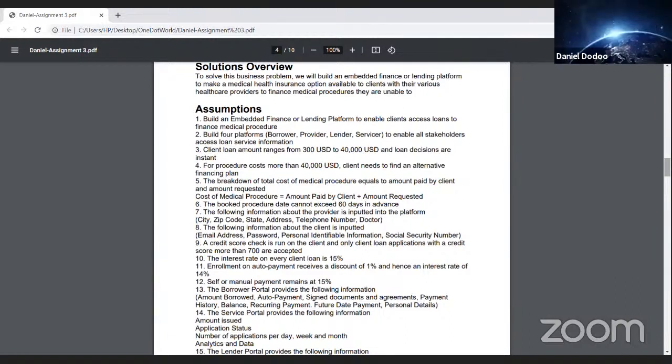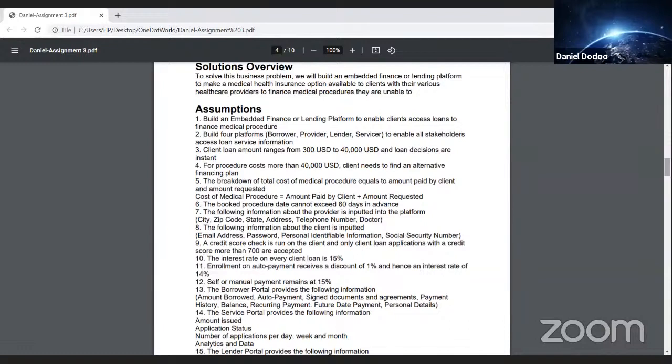So what self or manual payment here means is the payment by the borrower or the client that is seeking that medical healthcare service. When they decide to go for the option of paying it themselves, not an auto debit on their account, they have various platforms that are integrated that they can choose as their payment platforms, but they can opt to do the payments themselves to ABC Financial Group.